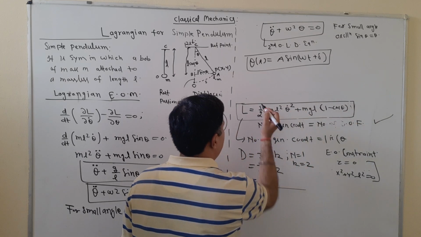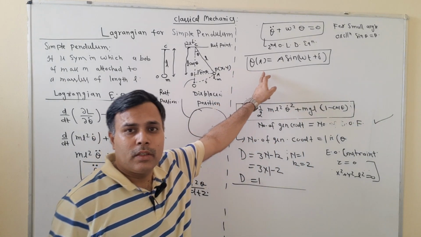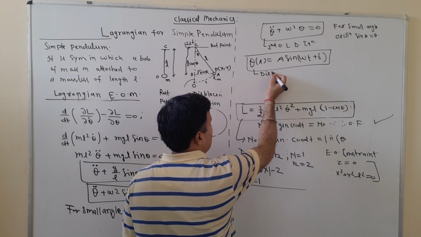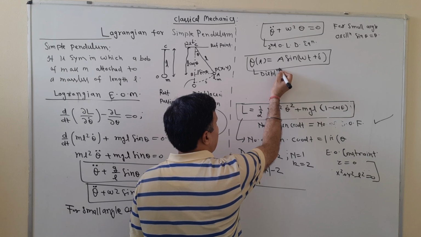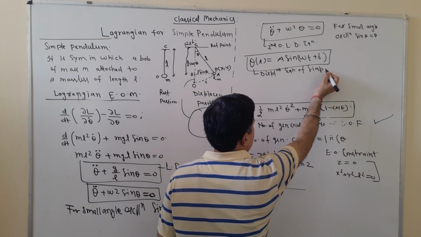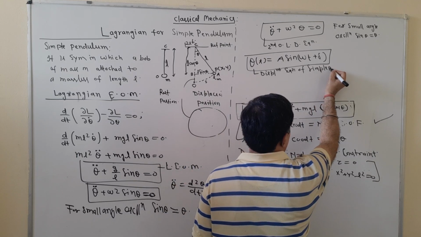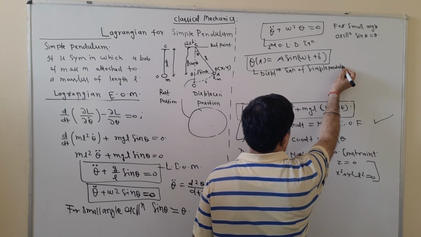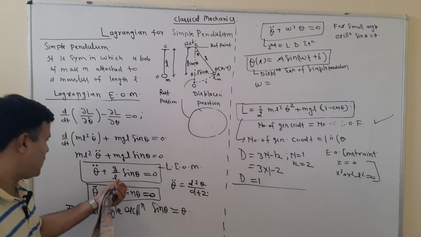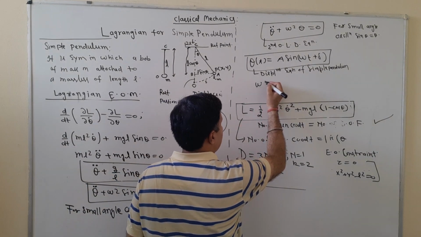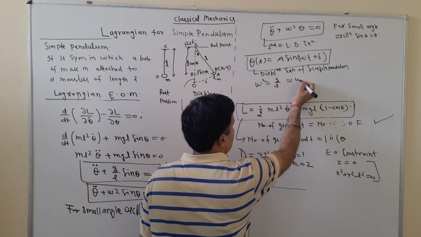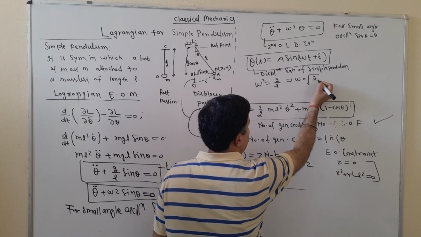This is the complete displacement equation of the simple pendulum, where omega square is g by L, which implies that omega is simply under root g by L.